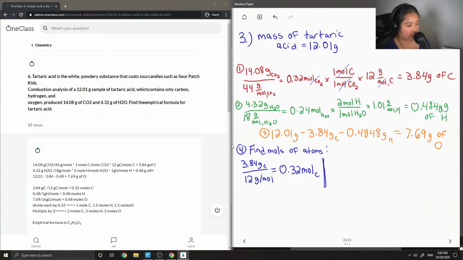Then let's do the same thing for hydrogen. 0.4848 grams of hydrogen divided by its molar mass, which is 1.01 grams per mole. And we get 0.48 moles of hydrogen.